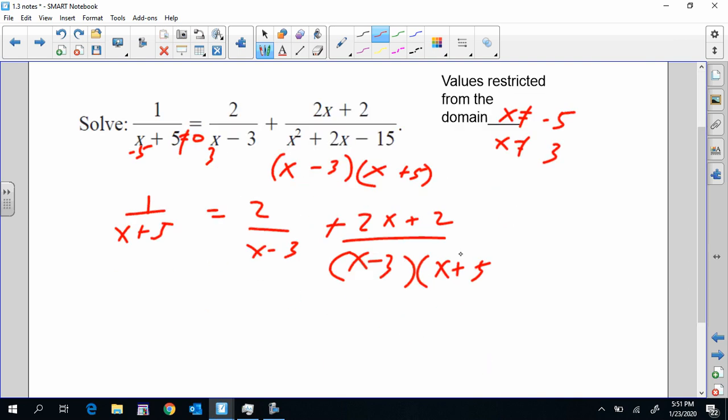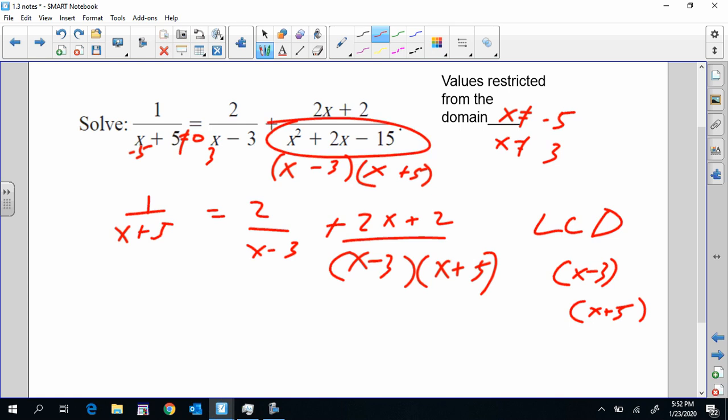Then LCD. What would be the LCD? Well, you need to identify the types of factors. There's x plus 5s, there's x minus 3s, and another x minus 3 and another x. So the only types of factors are x minus 3 and x plus 5. This expression right here multiplied out. So I don't have to multiply by anything else.